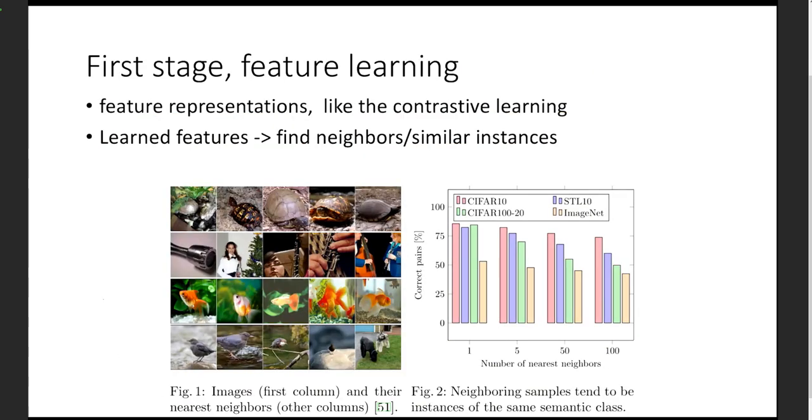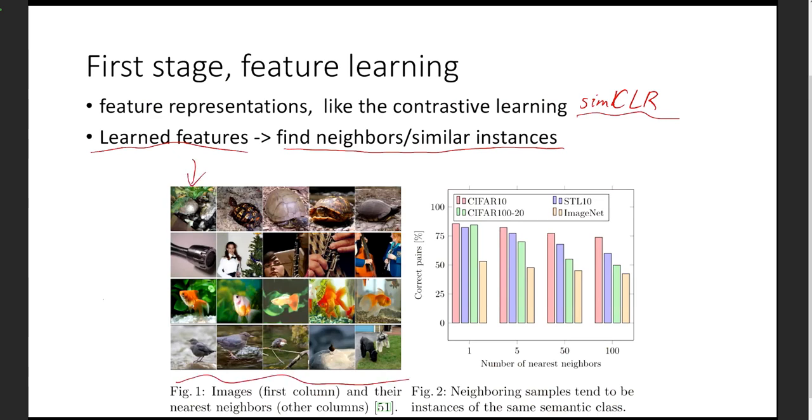So the first stage is the feature representation learning. Basically, in this paper they adopt SimCLR from Hinton's group. They use SimCLR to do the training. Then they found that those learned features can find very good neighbors, very similar instances. We can see this image.